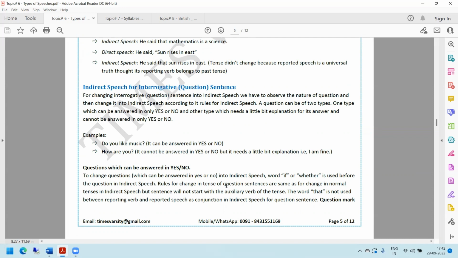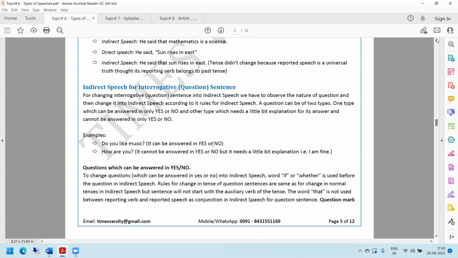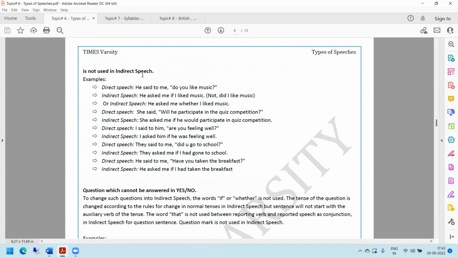Rules for change in tense of question sentences are the same as for change in normal tenses in indirect speech, but the sentence will not start with the auxiliary verb of the sentence. The word that is not used between reporting verb and reporting speech as a conjunction in indirect speech of a question sentence. Also, the question mark is not used in indirect speech.